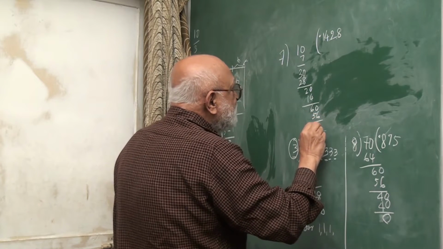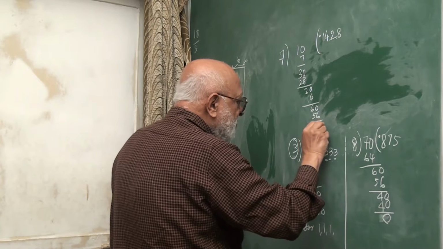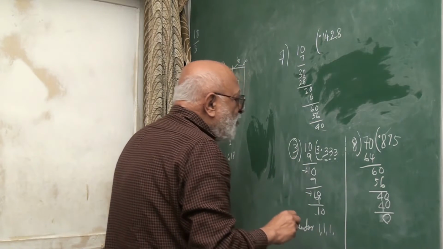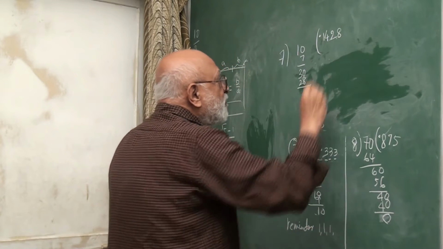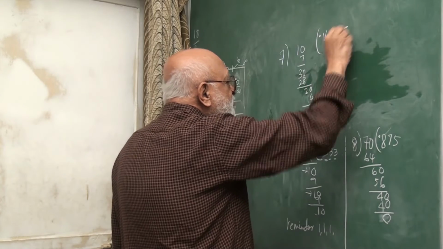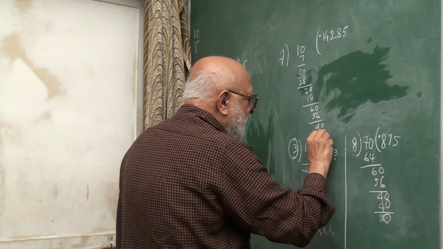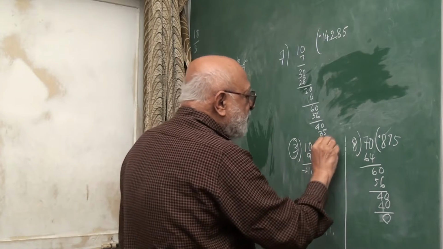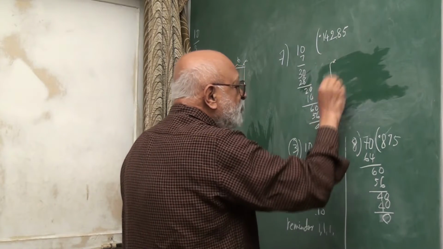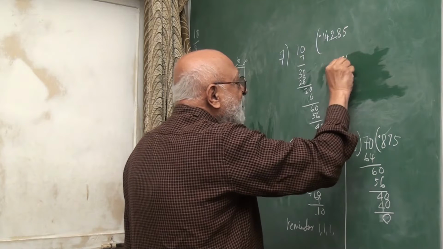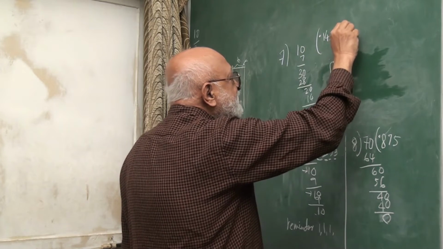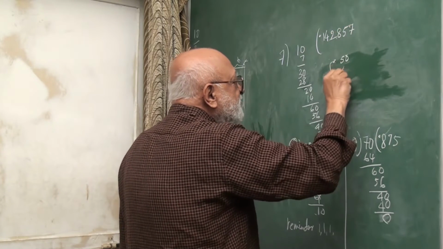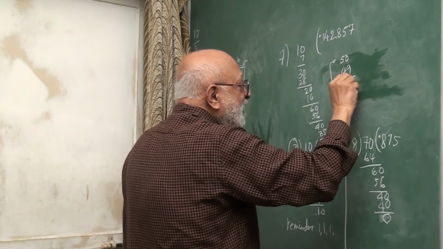Again it becomes 40. So 40 will go 5, so this will be 35, and again I go from here to here. So that becomes 50, and I will put 7. So this is 49. Again 1.